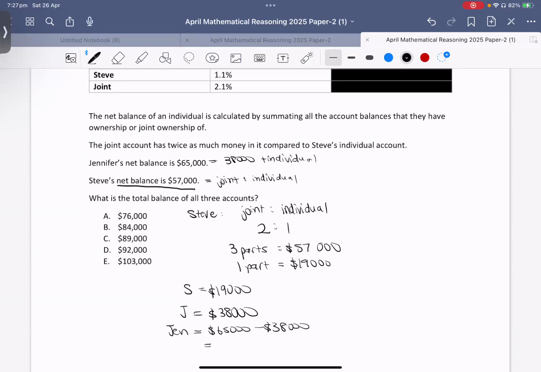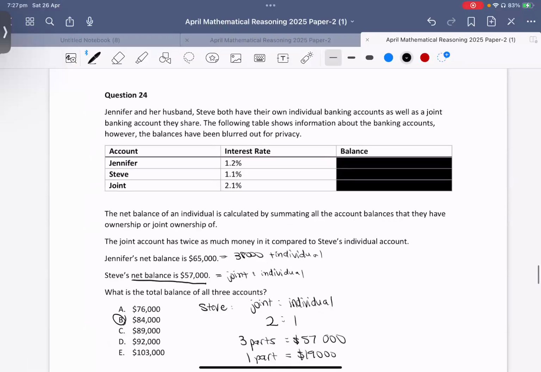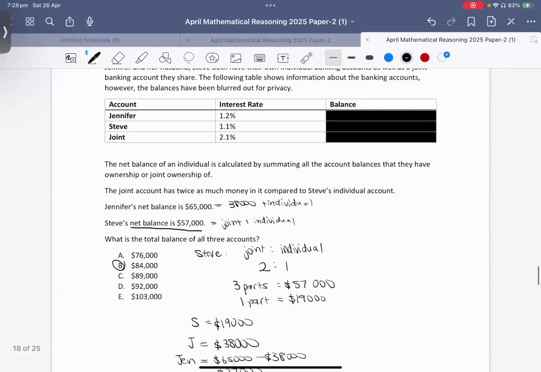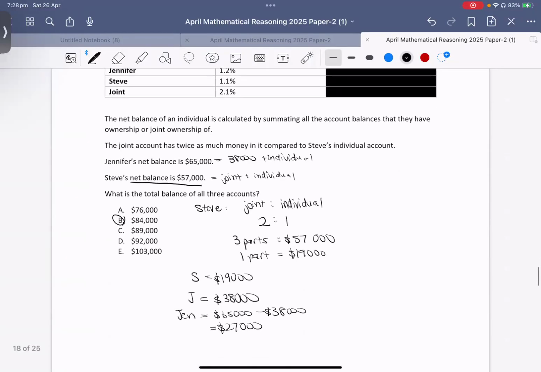Okay. And the answer you should get for that is 27,000. Okay. So now your job is to work out what the total balance of all 3 accounts would be, which is 19 plus 38 plus 27. And hopefully from that, you should get $84,000. Hopefully that one is okay for you guys. Okay, it's a very classic ratio question.